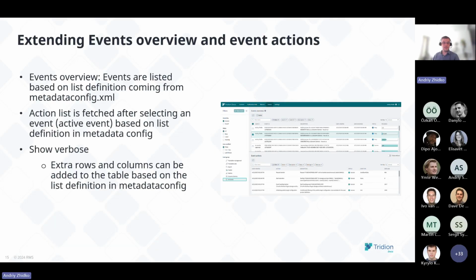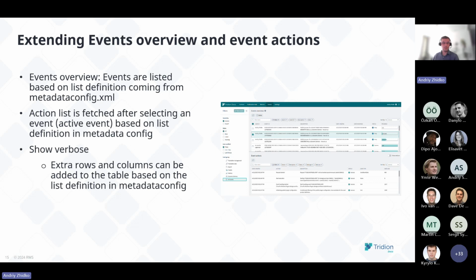The list of events and list of events actions are extendable. So you can modify the list definition metadata configuration file and add extra custom metadata fields that from your point of view are important for your deployment.